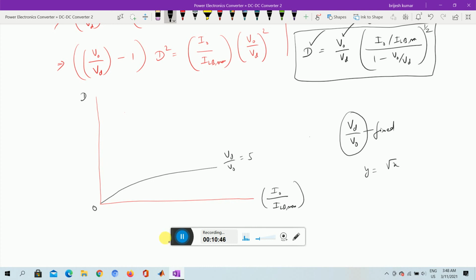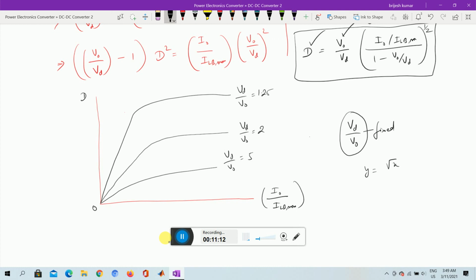And again, if you try to be close, then you get Vd by V0 is equal to 2. And again, if these two are equal, so we get the value of Vd by V0 is equal to 1.25.